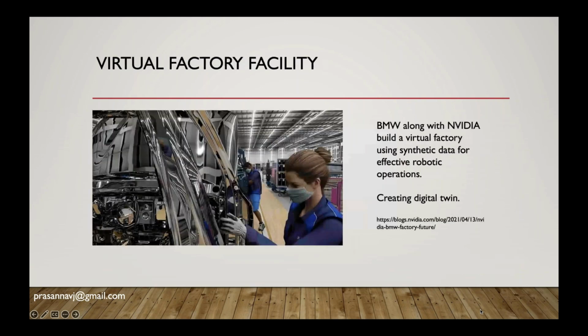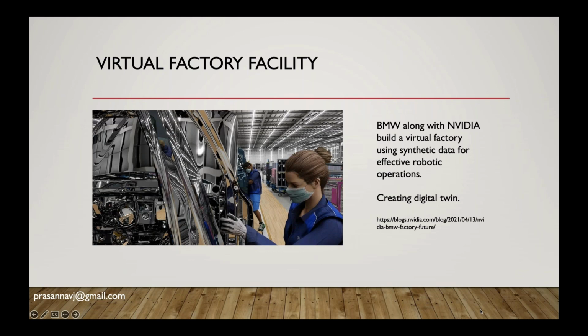And this is a very interesting use case where BMW collaborated with Nvidia on a complete warehouse and shop floor, that is, the manufacturing factory. They built a digital twin factory environment in simulation mode, and trained the robots on it. They exactly replicated the factory, and in it trained the robots to effectively manage navigation and so on.